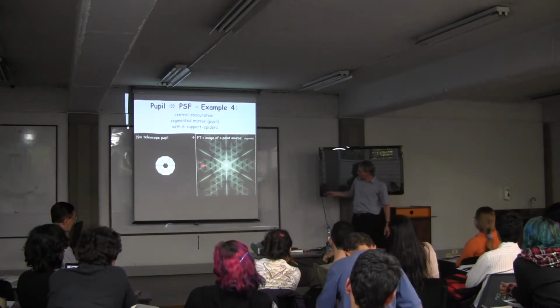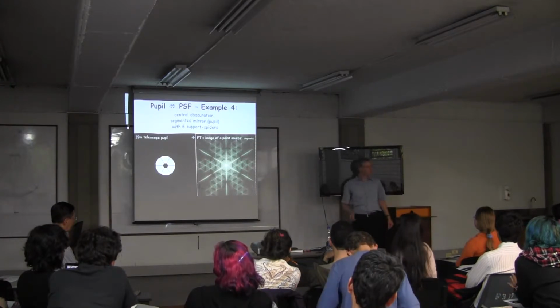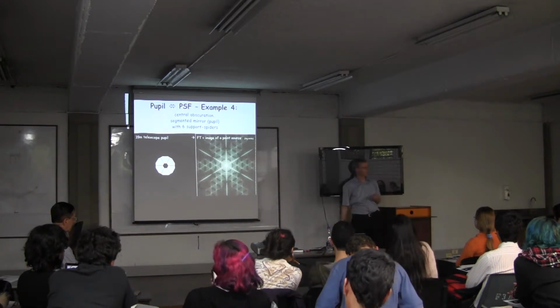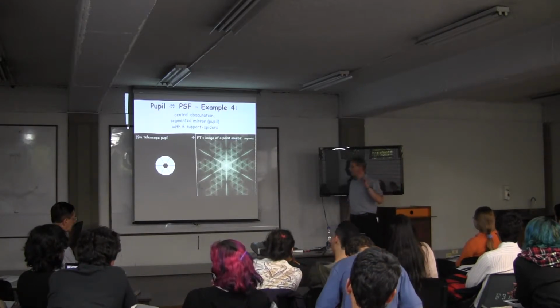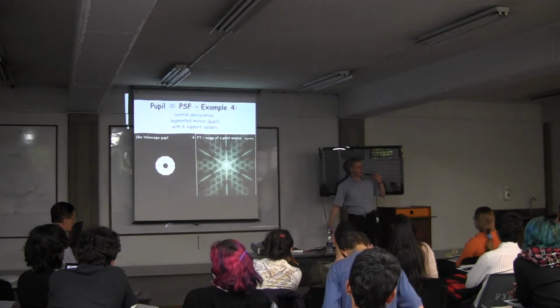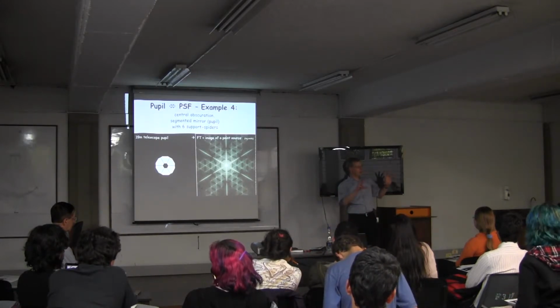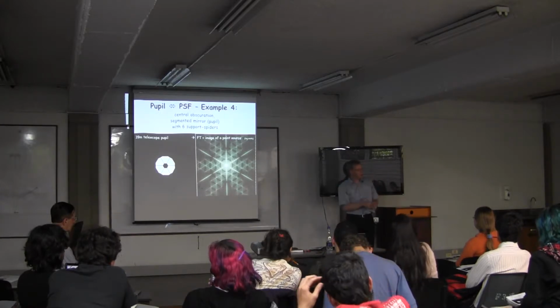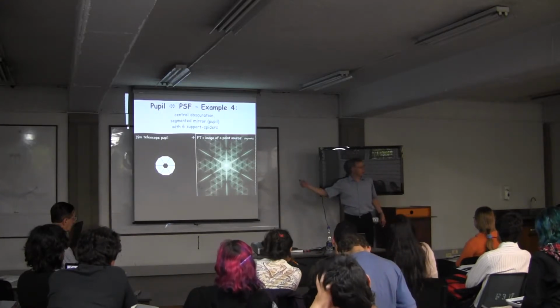But you could also get an optimized image for specific distances from your star if you fill the pupil incompletely. There are people who do that with sparse aperture masking, who put masks in their instrument that take out most of the light of the pupil.